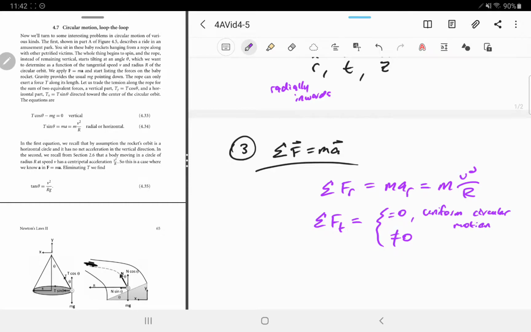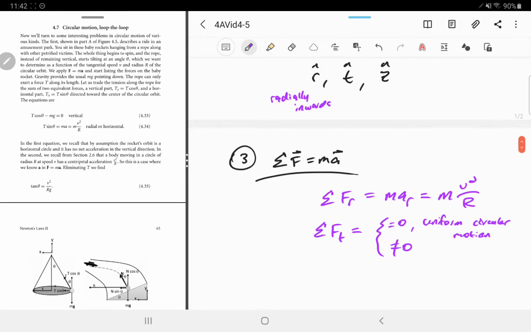In all of these examples, we'll have the tangential component equal to 0, and we're not considering an object that's increasing its speed. Later on in the course, we'll look at objects that are increasing in speed as well, going around in circular motion, in which case the sum of the tangential components doesn't have to equal 0 if speed is changing.